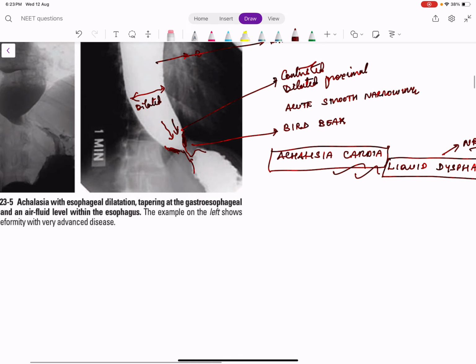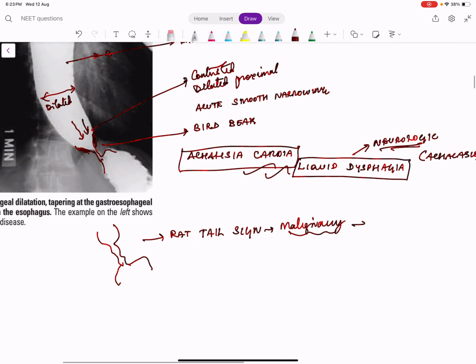Suppose the same picture, the same dilated esophagus, with an irregular OG junction, is called the rat tail sign. It's a sign of esophageal malignancy. Right? So same two issues. I told you in malignancy, what will be the clinical picture?